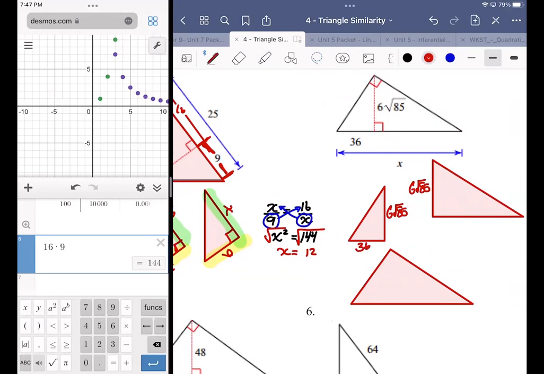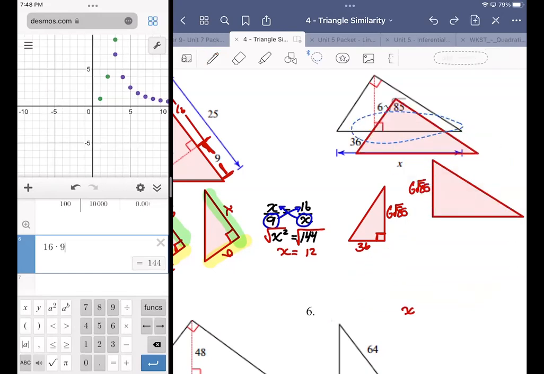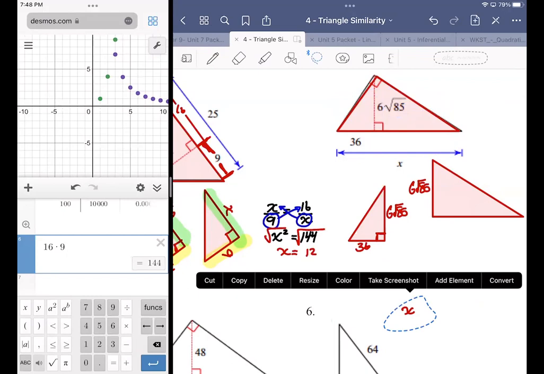So 36, we have a right angle. This whole distance here is x, so that corresponds with this. But then we don't know anything about this side, and we don't know anything about this side. So this is another instance where the big triangle is not relevant, because we don't have enough information about it.